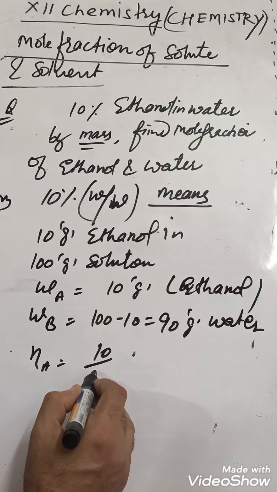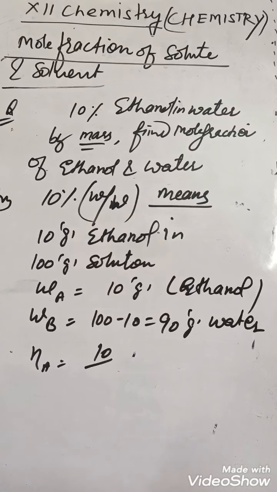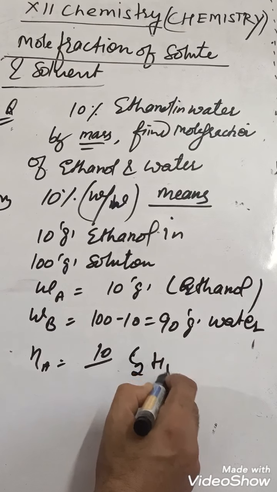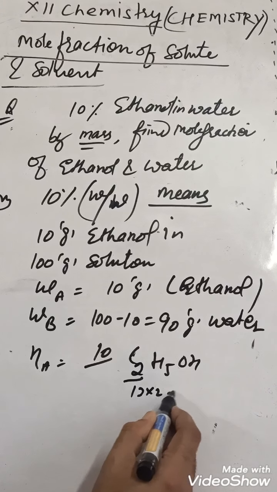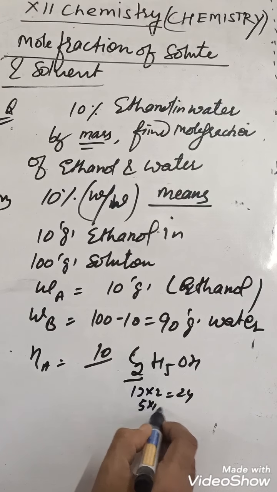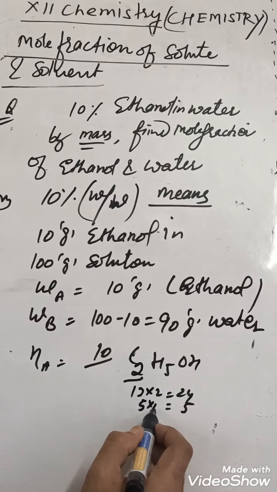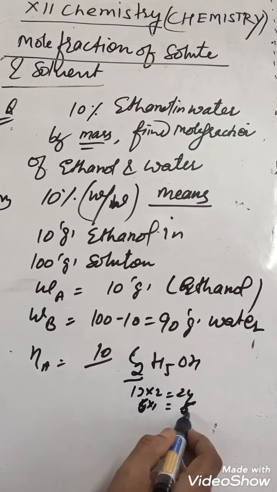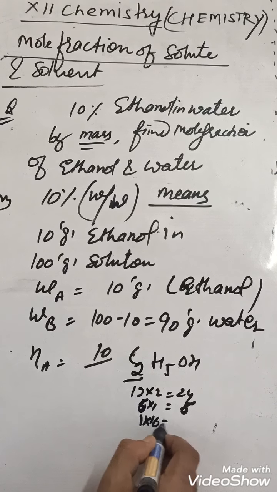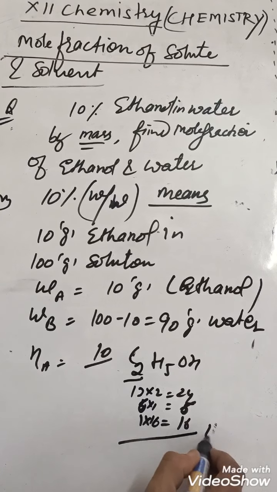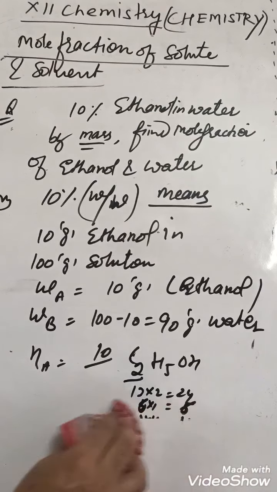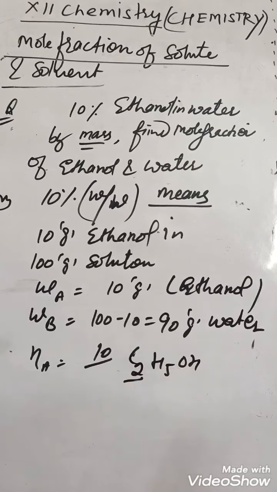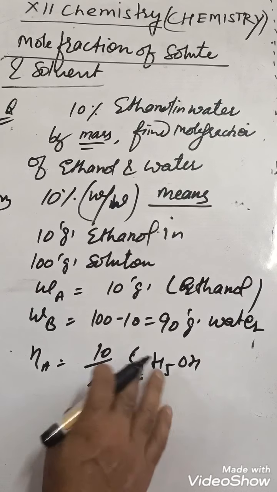So what is the number of moles of ethanol? 10 upon the molar mass of ethanol, C2H5OH. So it should be 46. 12 into 2, that is 24, 1 into 6, it is 6, and 1 into 16 of oxygen, that is 16, total 46. So the molar mass of ethanol is 46.